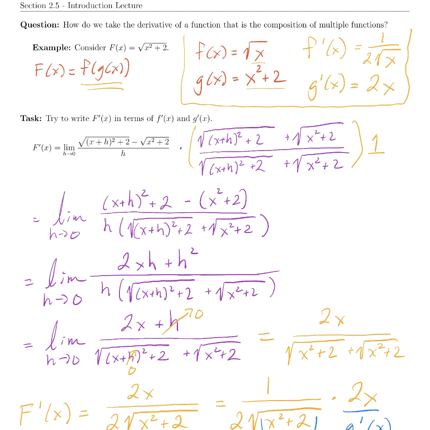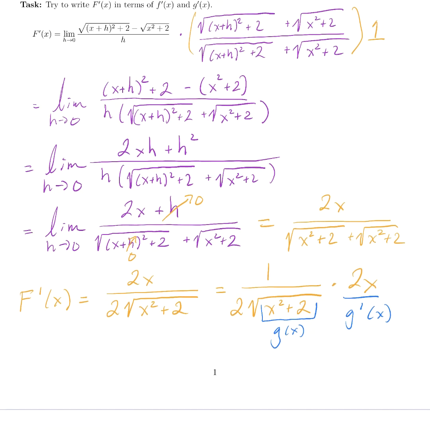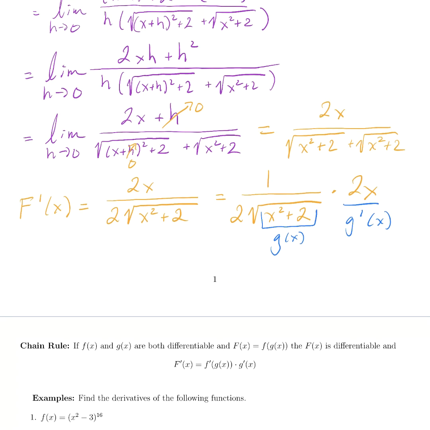Well, 1 over 2 square root of something, if we go back up above here, is exactly f prime. And what's going into f prime? Everywhere there was an x in f prime, it's being replaced with g of x. So this can be rewritten then as f prime of g of x times g prime of x.